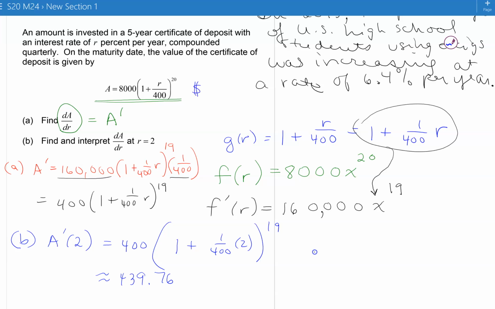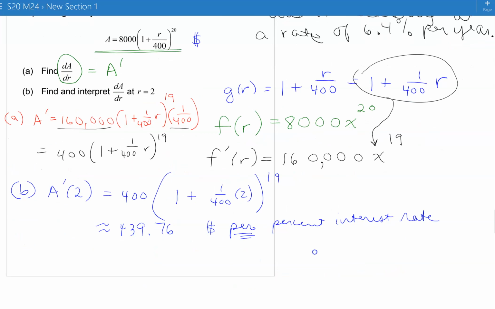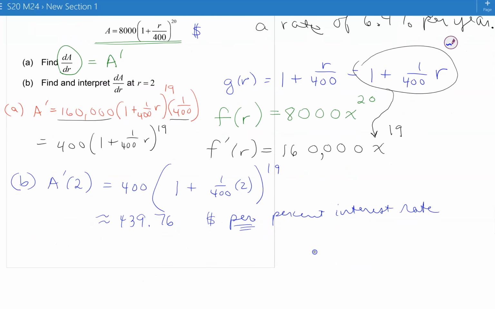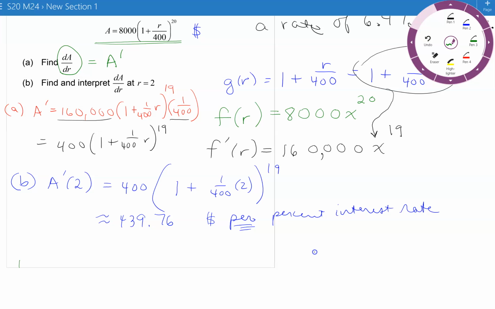So A is in dollars. So this is dollars per the interest rate is the variable. So dollars per, how is the variable being measured, in percent? So this is dollars per percent. So let's see if we can write our sentence.